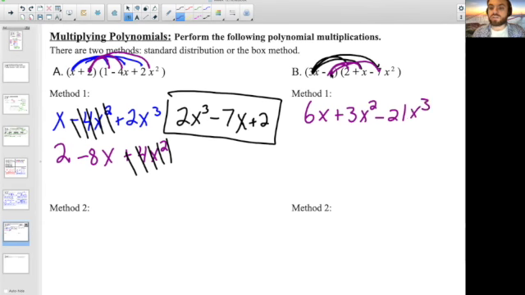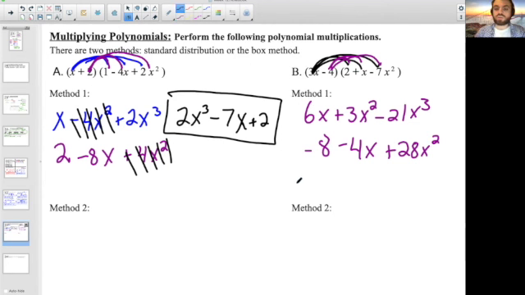And then on the bottom, and I wouldn't worry about the colors, that was for the black ones. And then on the bottom, we get negative 8 minus 4x plus 28x squared.